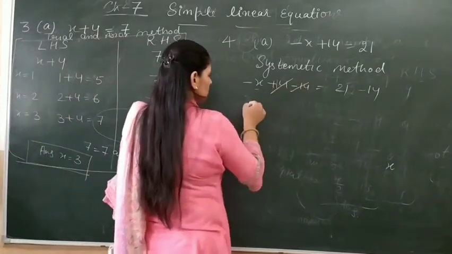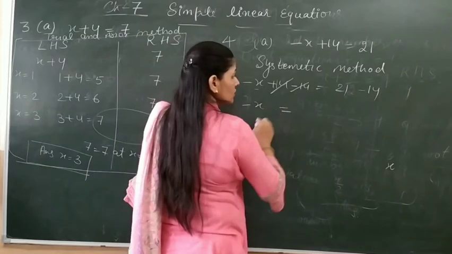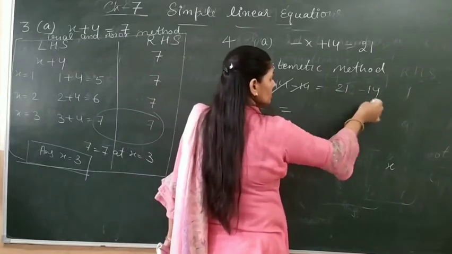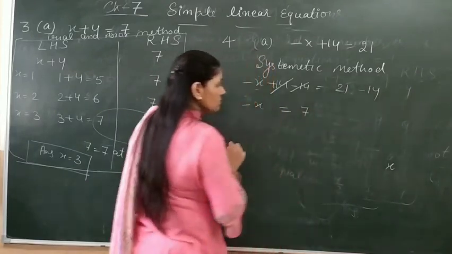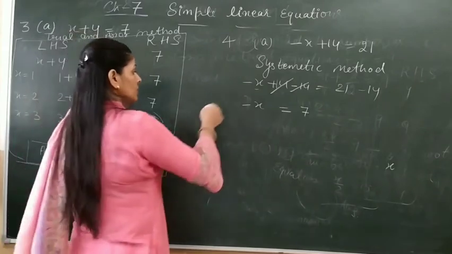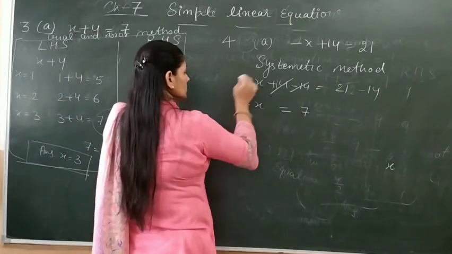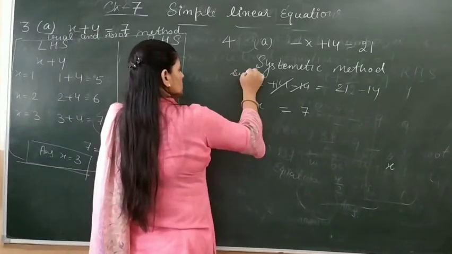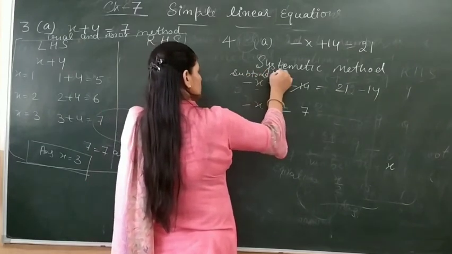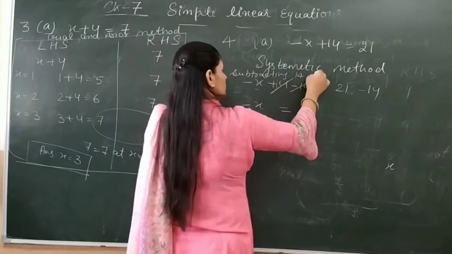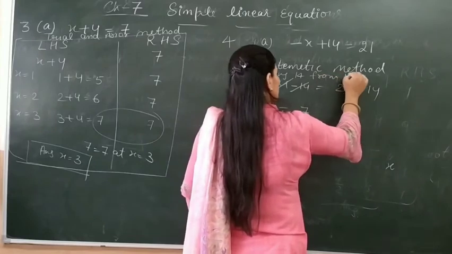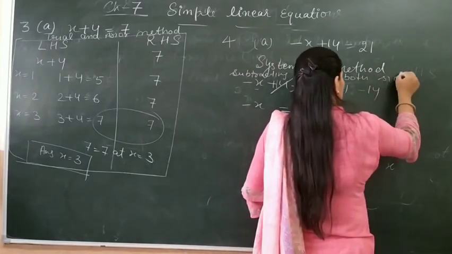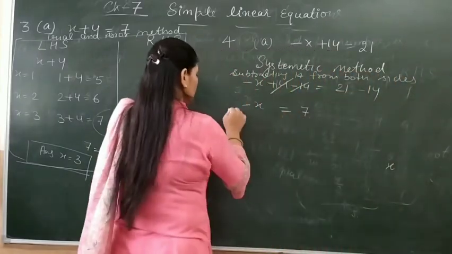These are cancelled. Minus x is equal to 21 minus 14, that is 7. We can write it here. Subtracting 14 from both sides.